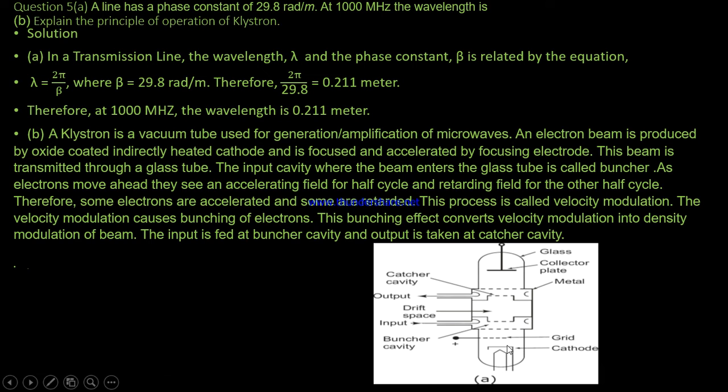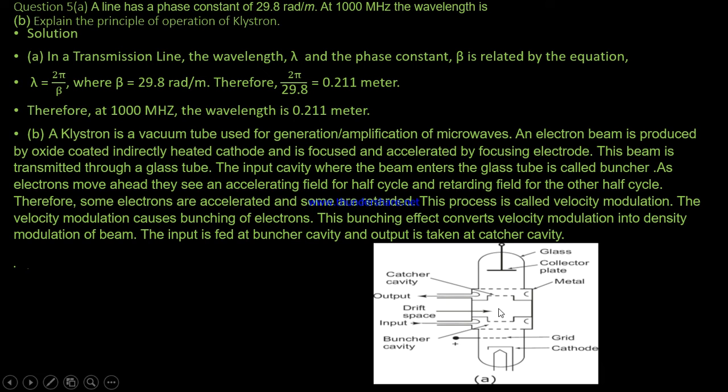Now, the input cavity where the beam enters the glass tube is called the buncher. You can see the buncher cavity. As electrons move ahead, they see an accelerating field for half a cycle and a retarding field for the other half cycle. You can see all these things happen within the drift space.